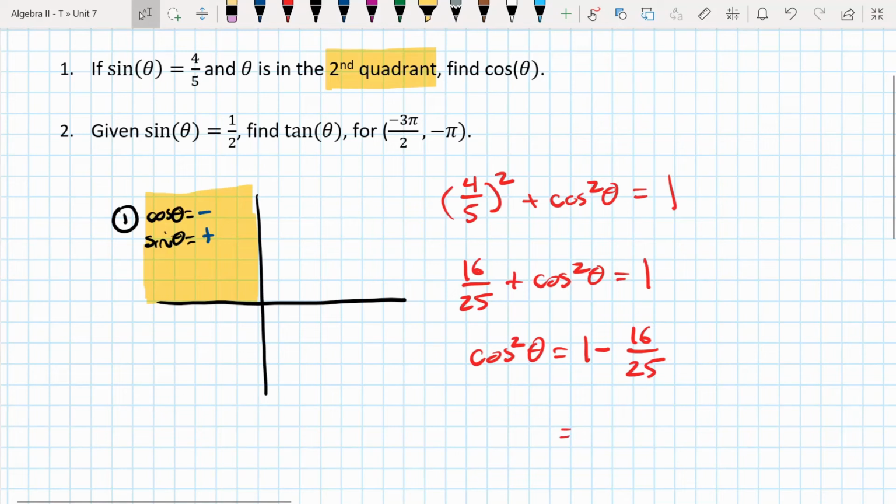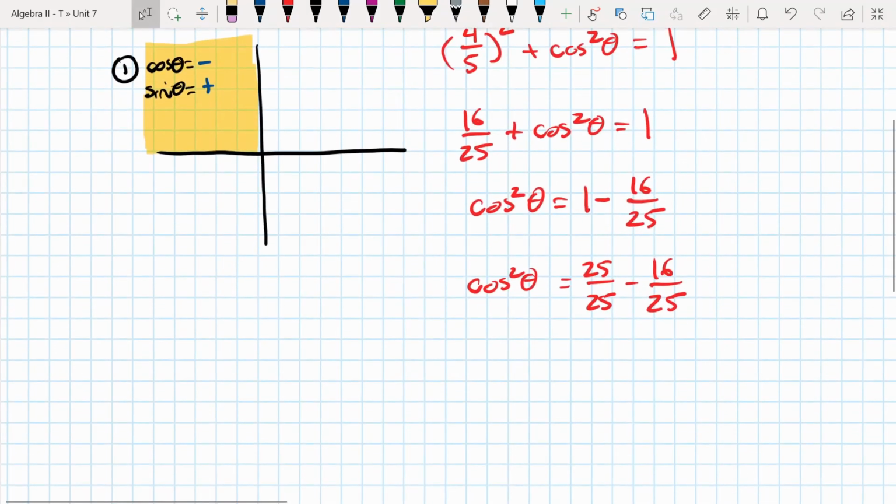Now the common denominator we're going to use on the right-hand side to combine these together is 25. So we end up with 25 over 25 minus 16 over 25. Let's subtract the numerators, and we end up with 9 over 25 is equal to cosine squared.